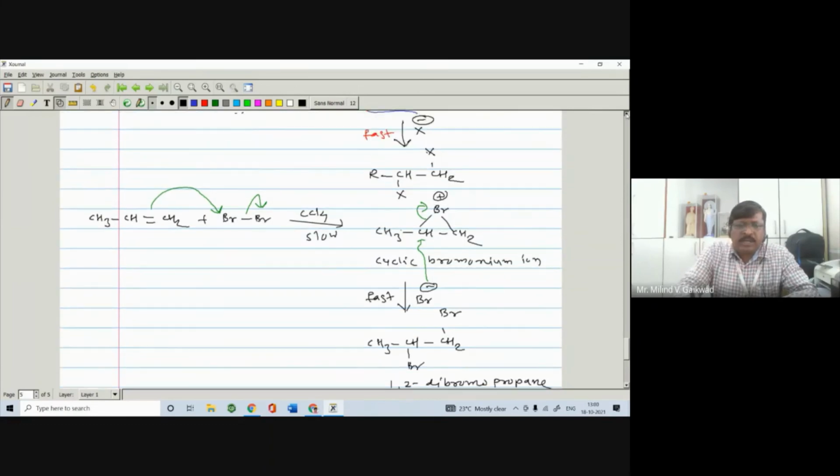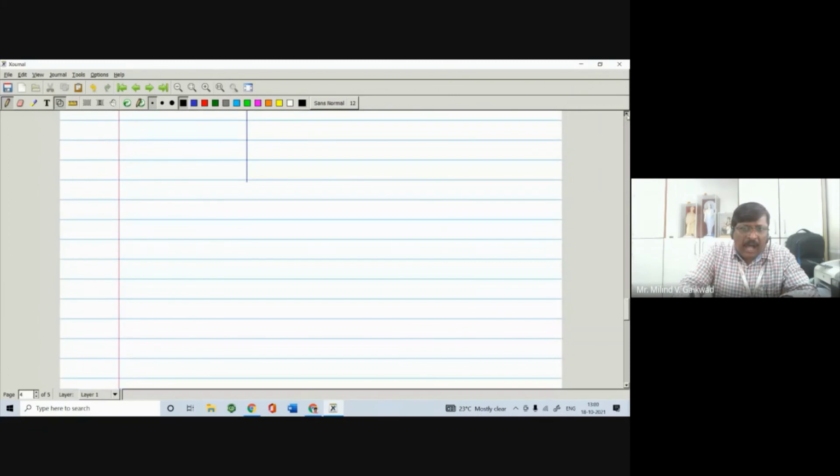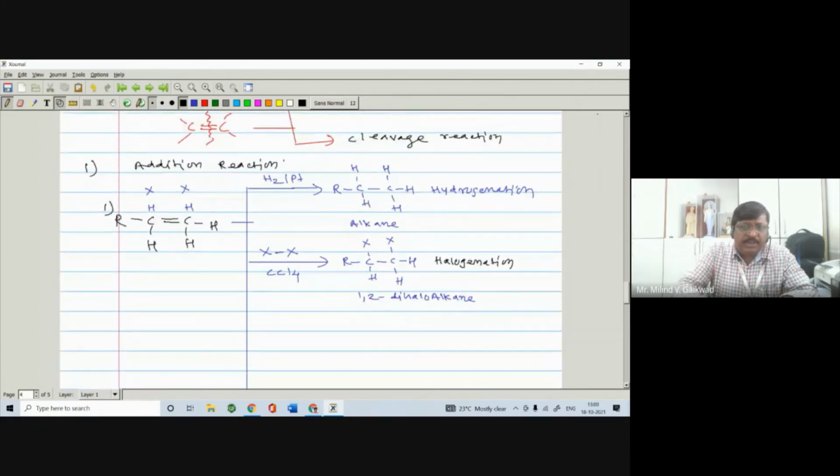Now next reaction we can say, when alkene is treated with hydrogen halide, HX, the addition takes place according to the Markovnikov addition rule.